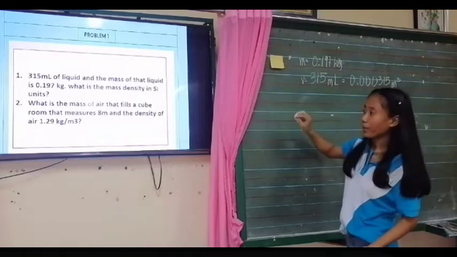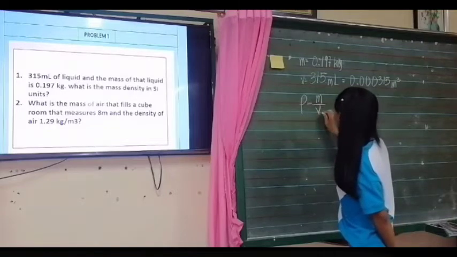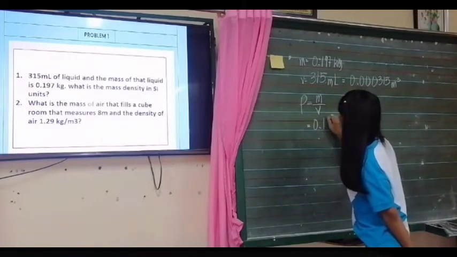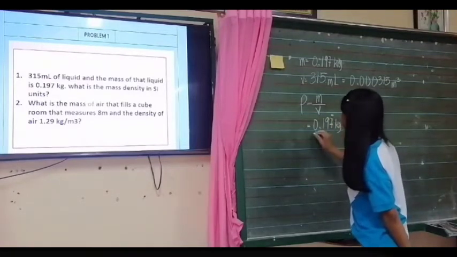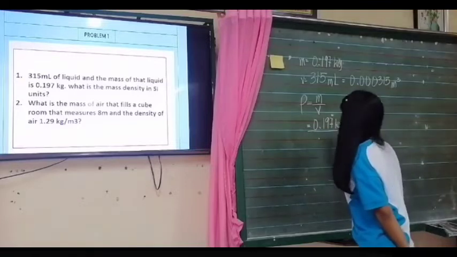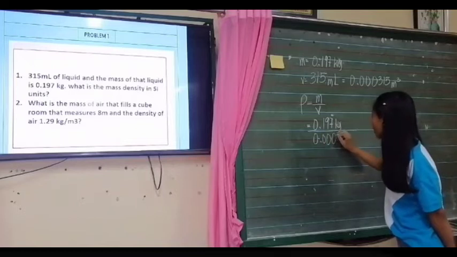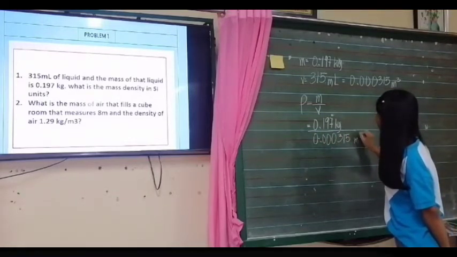So, pwede natin i-complete ang density. Rho is equal to mass over volume. Mass is 0.197 kilogram divided by 0.000315 cubic meter.